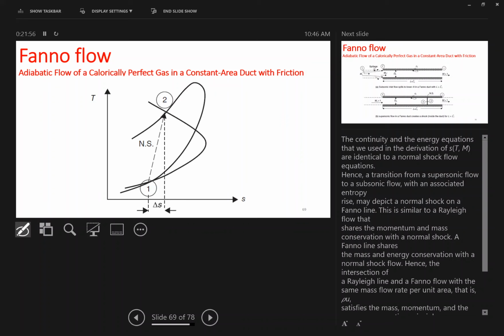Does it make sense? So the first intersection, that's upstream of the normal shock. Yes, exactly. Because these parts represent the supersonic conditions, right?